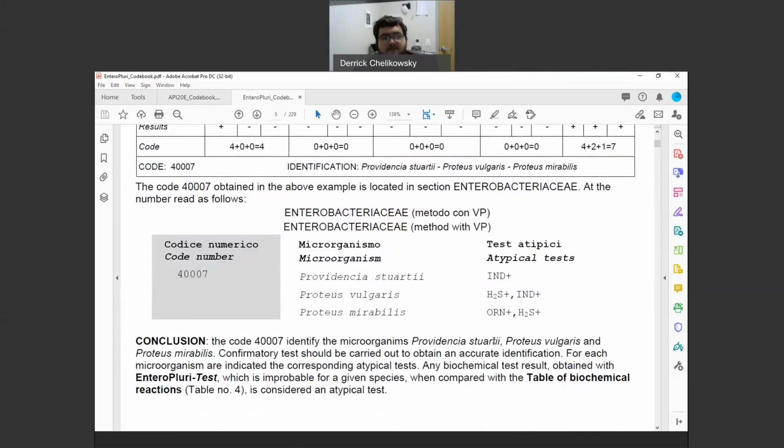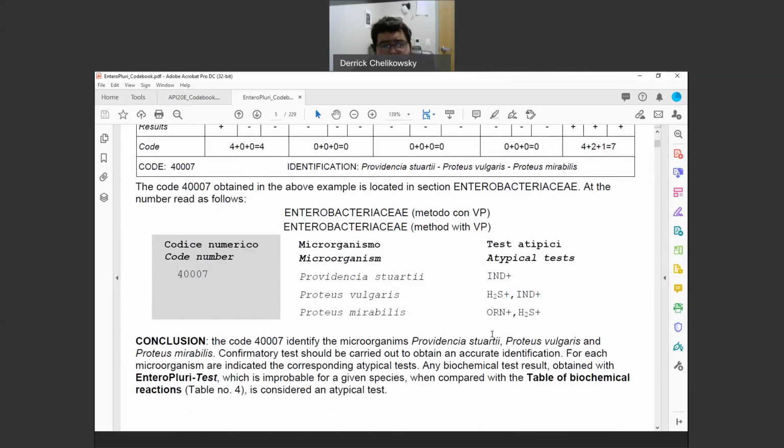So you should do confirmatory tests, and there's ways of doing that. If you want to make sure that it's a Proteus species, the easiest way is to grow it on Hektoen. And if you get black colonies, it's a Proteus species. Providencia doesn't get that, but Hektoen does.